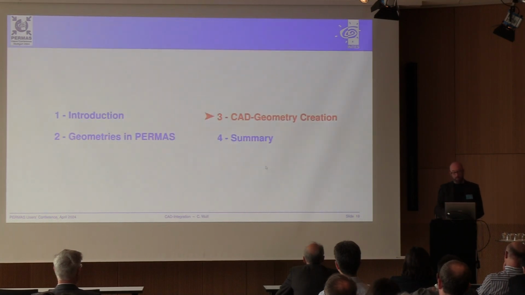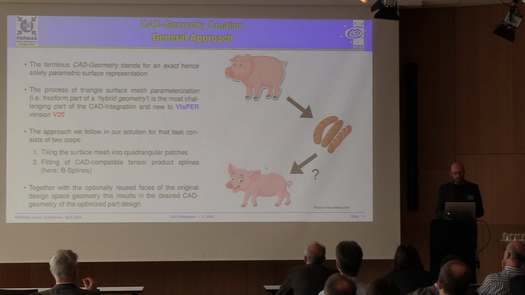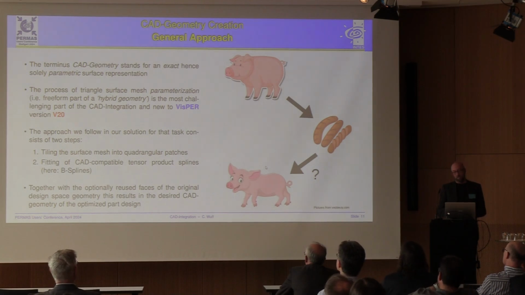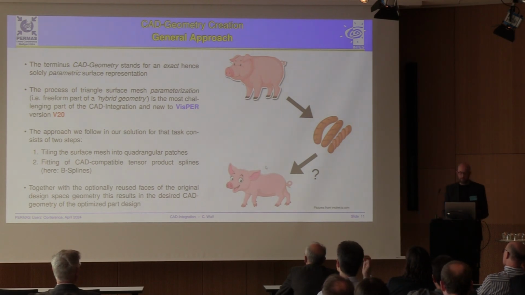Now comes the next step. What we want to do is to create the final CAD geometry of our result of the topology optimization. When I talk about CAD geometry at this moment, I talk about exact, in other words, let's say parametric surface representation. This means that we need a process to convert the triangle surface mesh into a parametric form, in the form of B-splines, as I already told you.